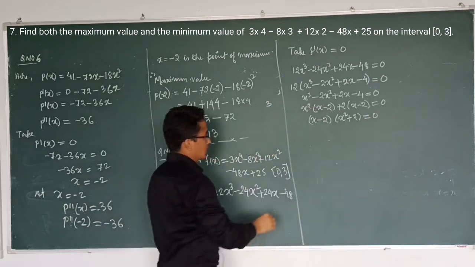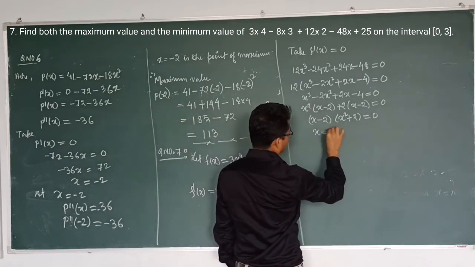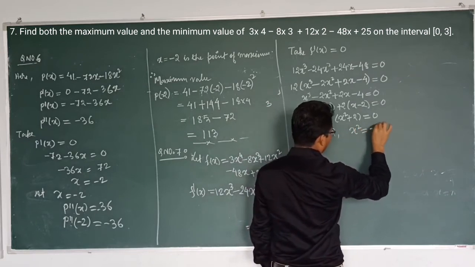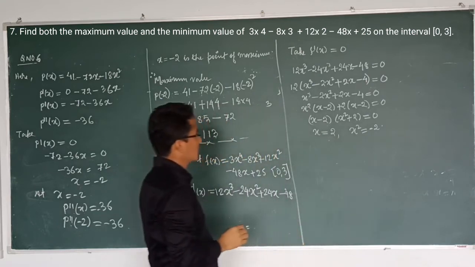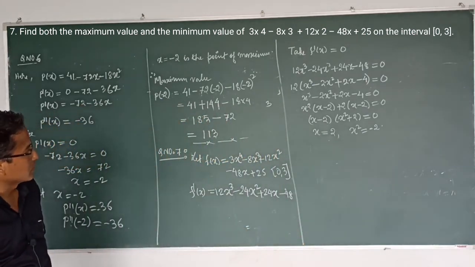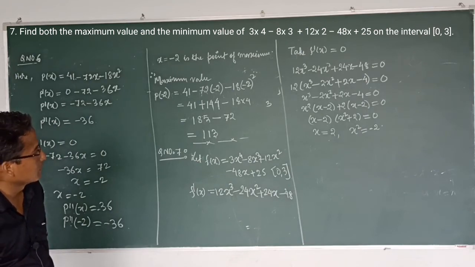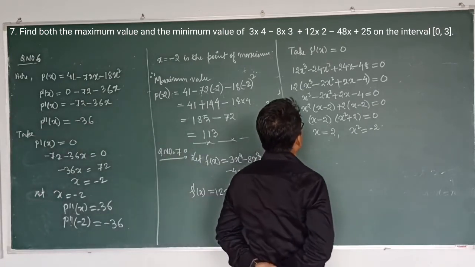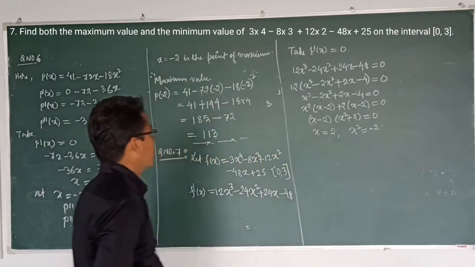That means x equals 2, and x square equals minus 2.